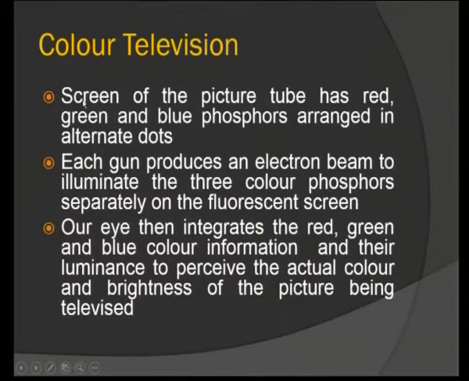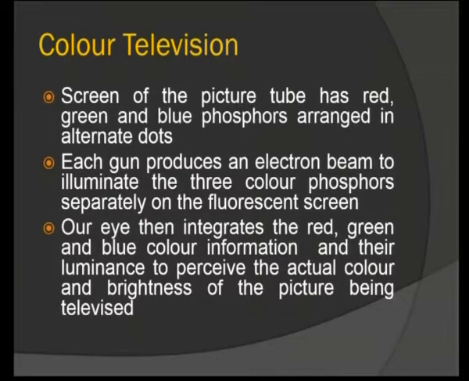The screen of the picture tube has red, green and blue phosphors arranged in alternating dots. So, the screen also changes along with the picture tube's receiving parts. There will be three separate blocks to recognize red, blue and green, and also in the screen there will be alternating phosphors arranged in dots to recognize these three colors.